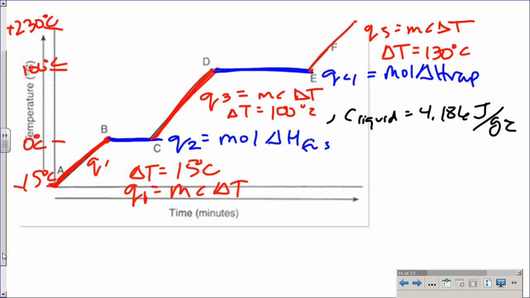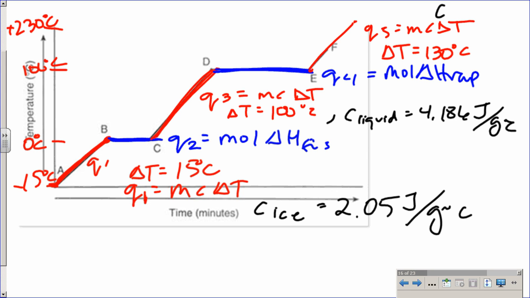The specific heat of ice is 2.05 joules per gram degree C. And for steam, gaseous water, it's 2.02 joules per gram degree C. So now you have those values for yourself.